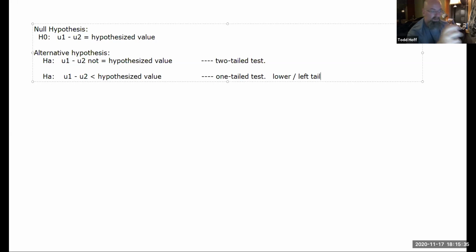Lower tail is smaller values, meaning if we get a value for the difference from the samples that's too small, we will reject our null hypothesis. And finally, our alternative: mu1 minus mu2 is greater than the hypothesized value. Still a one-tailed test.